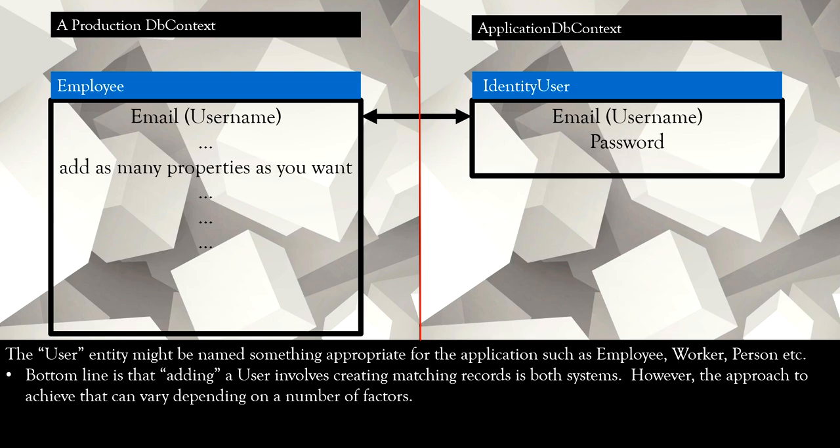Then we can have as many properties as we want in the employee table. And the advantage as well is that, since it's in the DB context, it can have all the referential integrity relationships in place to relate to other information in the system. Store anything we want in here, as I said earlier, emergency contact data, whatever else.